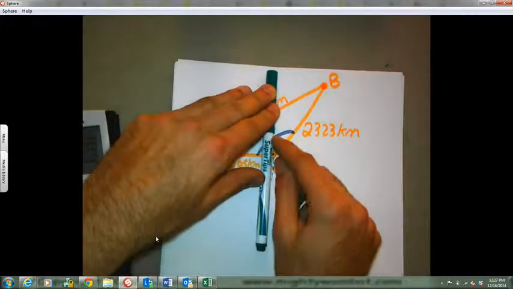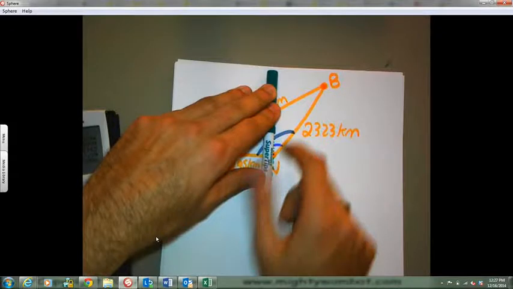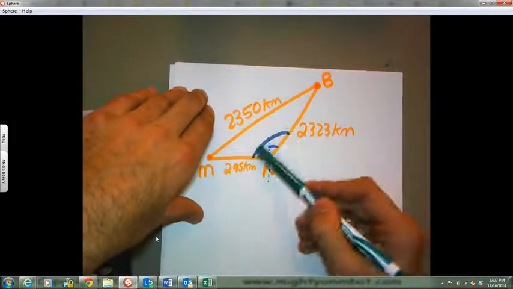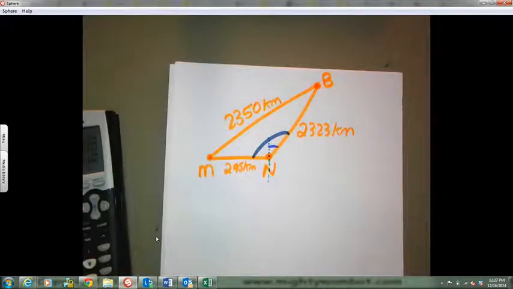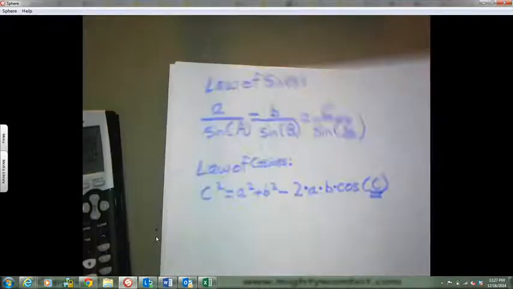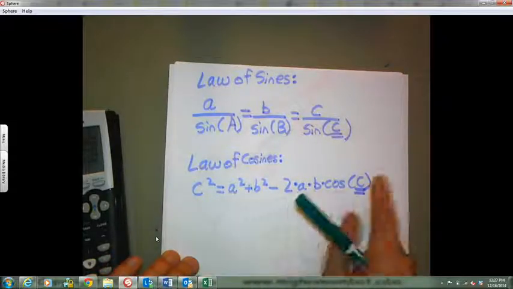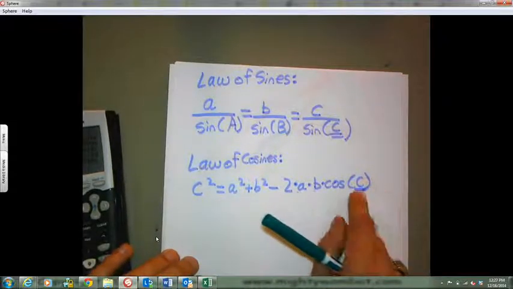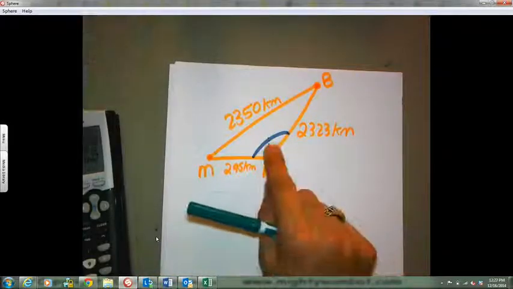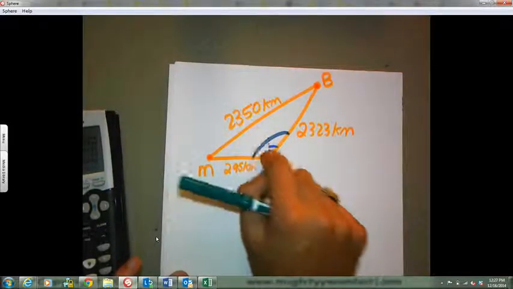So the question is, how do we find this angle? Well, we can use law of cosines. The reason I'm going to use law of cosines here is because I know all three sides. I just need to find that angle. And in fact, I need to just find the angle across from the biggest side. Questions before I go through the math?